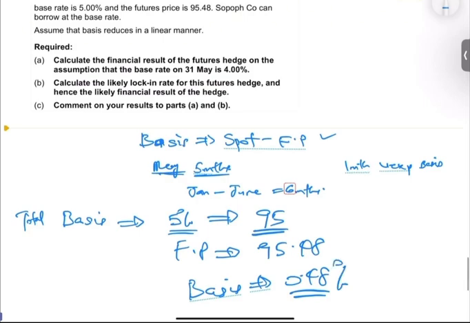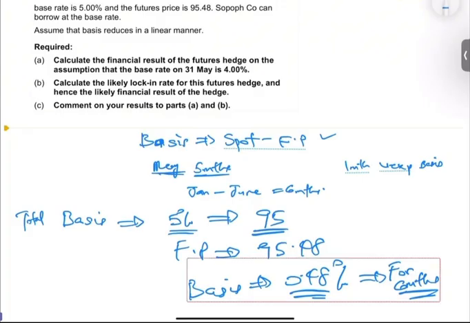So we know this is what we expect to have throughout. Remember, this is for the entire time. This is for 6 months. However, we expect this to go evenly over the life of the future, and the life of the future is 6 months.